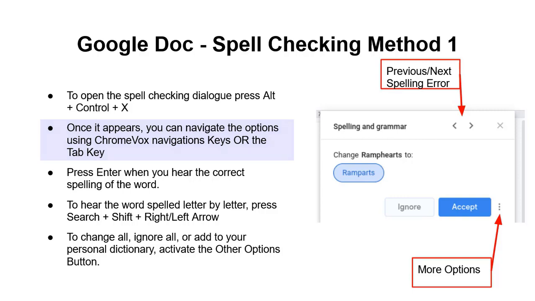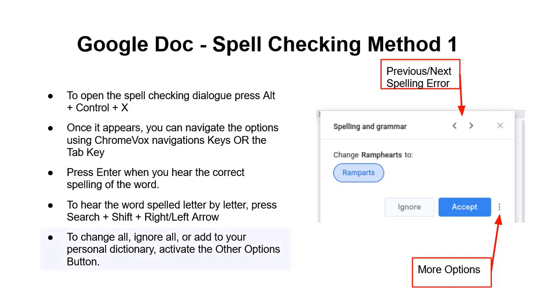Either one works. Pressing Enter when you hear the correct spelling of the word will replace it. To hear the word spelled, just to make sure that it's the correct spelling, you're going to press Search plus Shift and the right or left arrow. So you are going to have to physically spell that out. It won't read it to you.